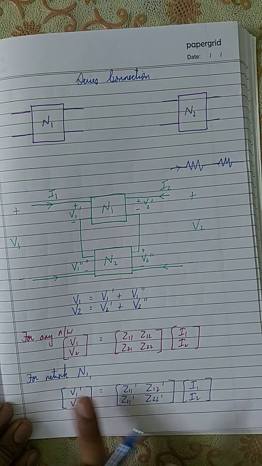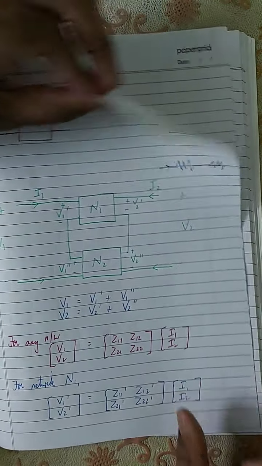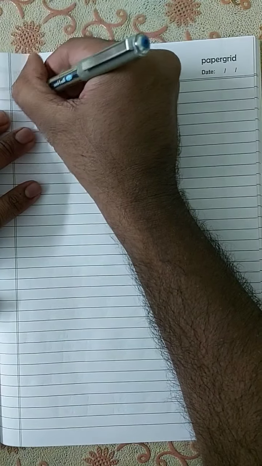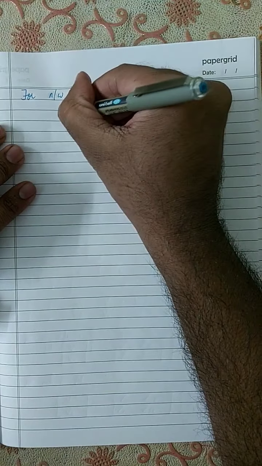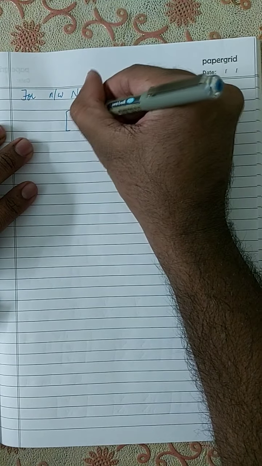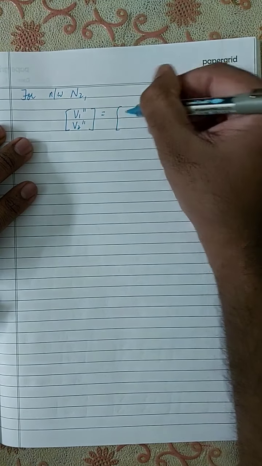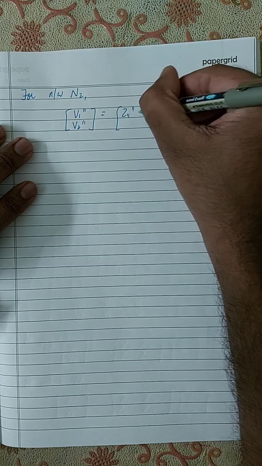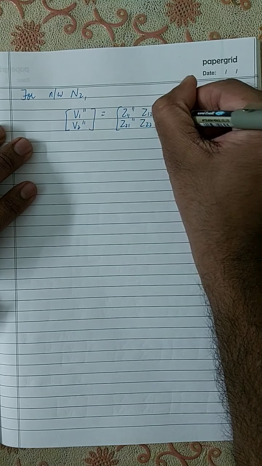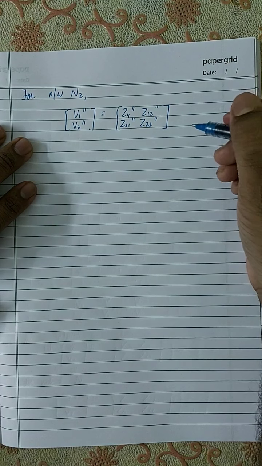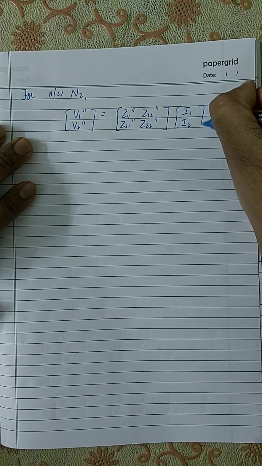This is the Z parameter of network N1. Now let's write the Z parameters of network N2. For network N2, the input voltage is V1 double dash and the output voltage is V2 double dash. So let Z11 double dash, Z12 double dash, Z21 double dash and Z22 double dash be the Z parameters of network N2, and the current is the same, I1 and I2.